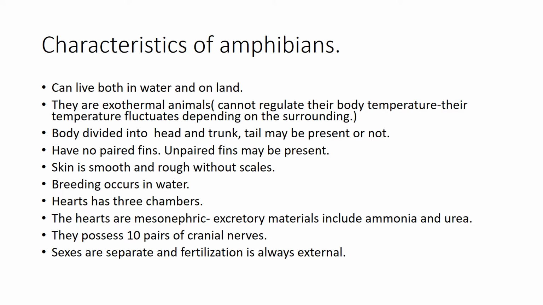They are ectothermal animals, sorry, not exothermal, meaning that they cannot regulate their body temperature, and their body temperature fluctuates depending on the surroundings. The body is divided into head and trunk.